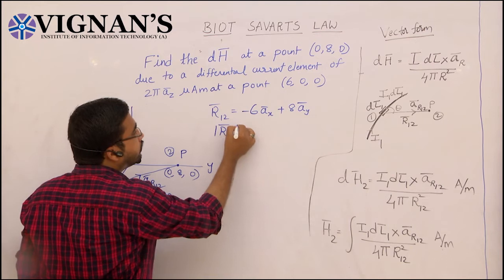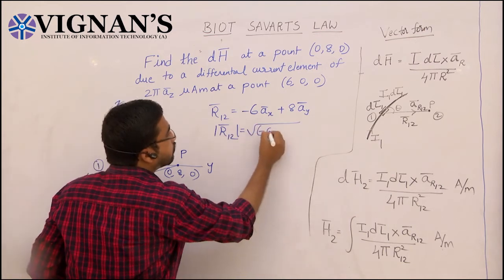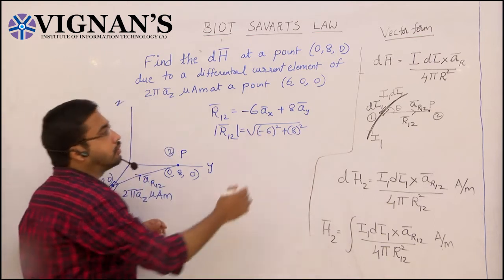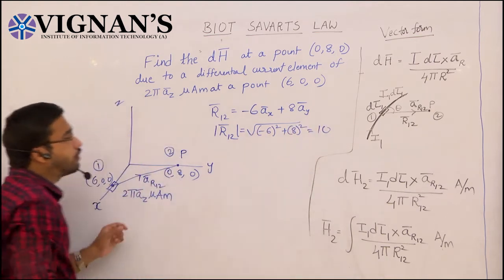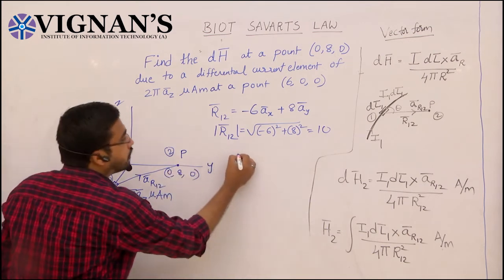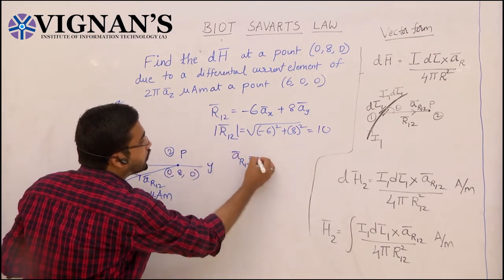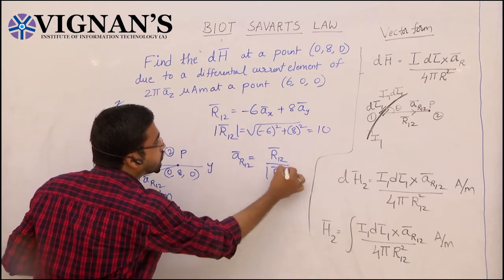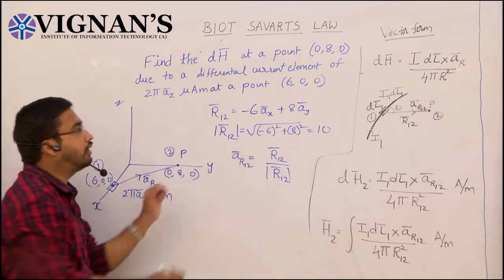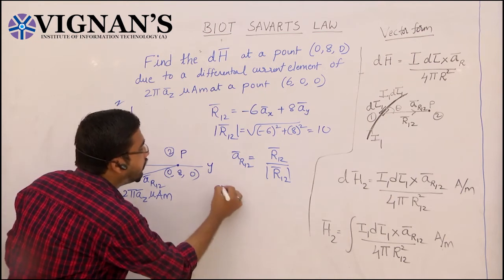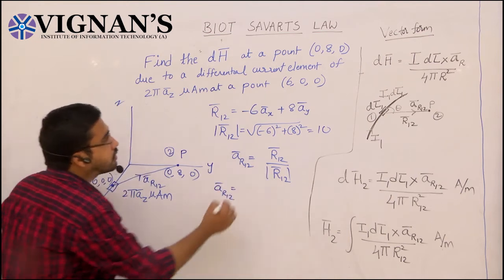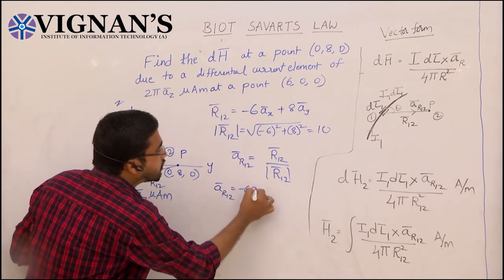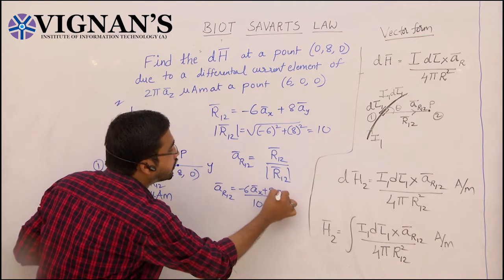Mod r12 is root 6 square plus 8 square, that means 36 plus 64, root 100, which is 10. So what is the unit vector now? ar12 is equal to distance vector r12 by mod r12. If you substitute these values, mod r12 is 10, and r12 is minus 6 ax plus 8 ay.